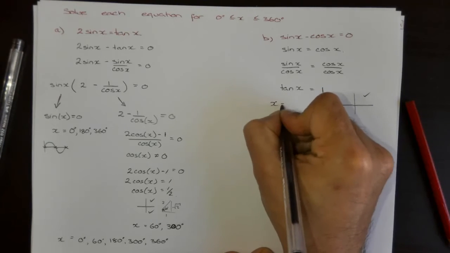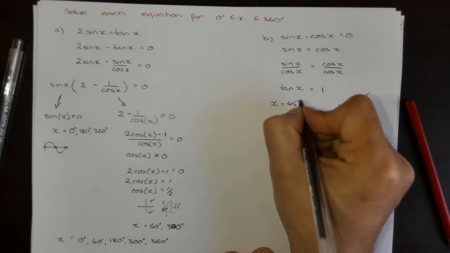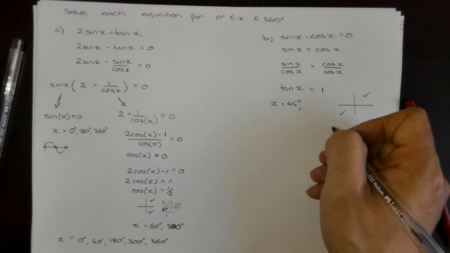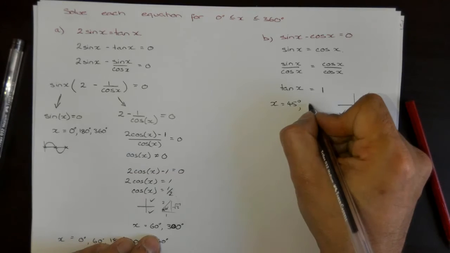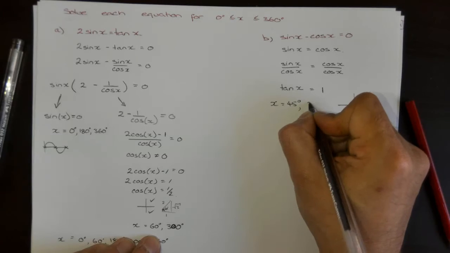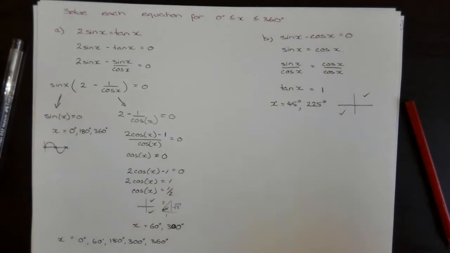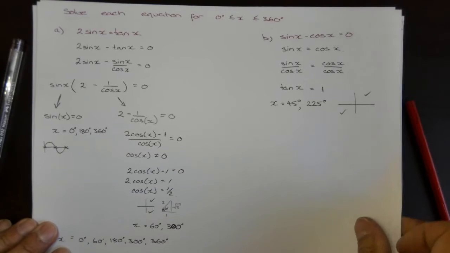So x equals 45 degrees, as well as 180 plus 45, so 225. Cool. All right.